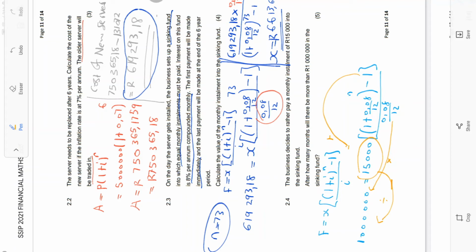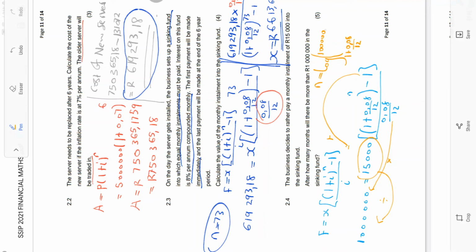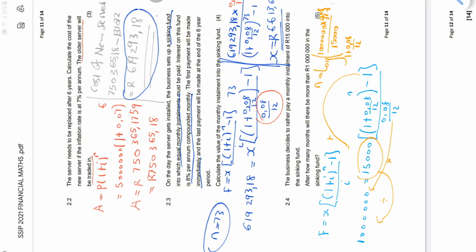So this will give us our n as equal to log to the base of 1 plus 0.08 over 12 of the 1 million, times our denominator fraction 0.08 over 12 divided by the 15,000, but then plus a 1 somewhere here.